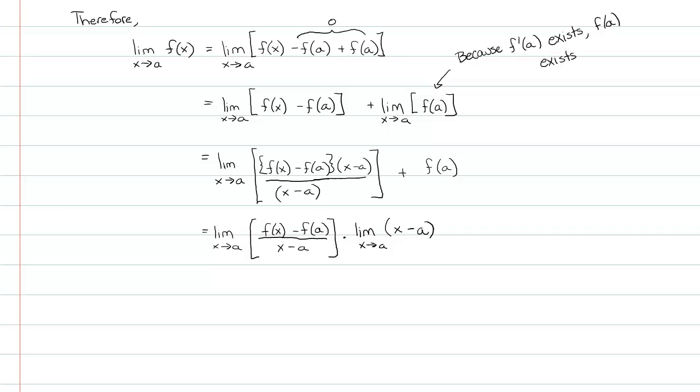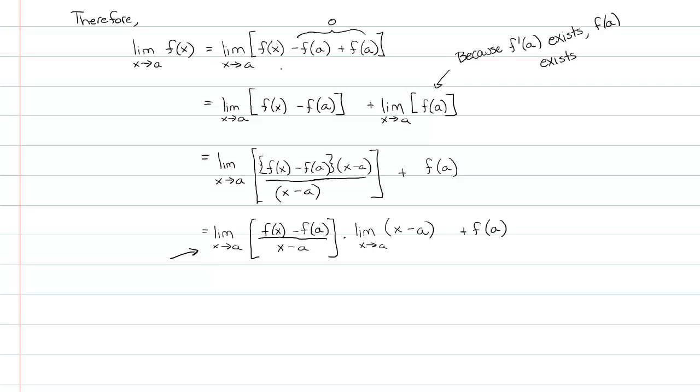What you're looking at right now is that not only did I split this original limit into the sum of two different limits, but then I split this other limit right here into the product of two different limits down below. And I'm telling you right now that that actually could happen because we know that this first limit exists.